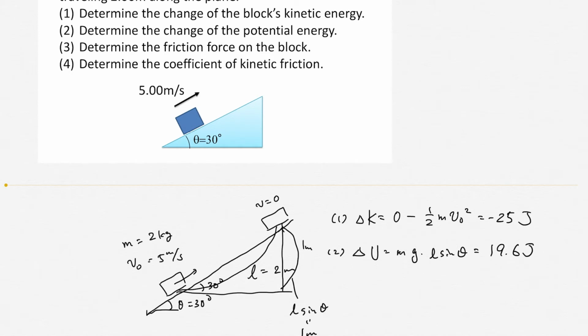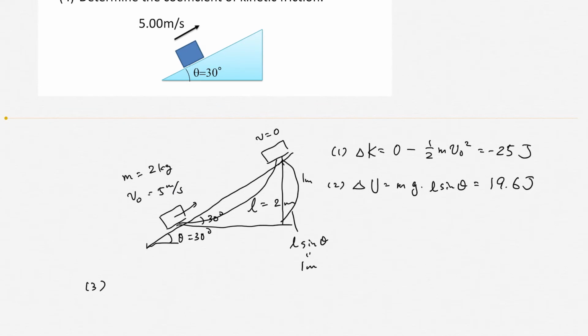And the third question. Determine the friction force on the block. Question number 3. K sub 0, the initial kinetic energy, plus U sub 0, plus work by the non-conservative force, friction, equals the kinetic energy at the highest point plus the potential energy at the highest point.